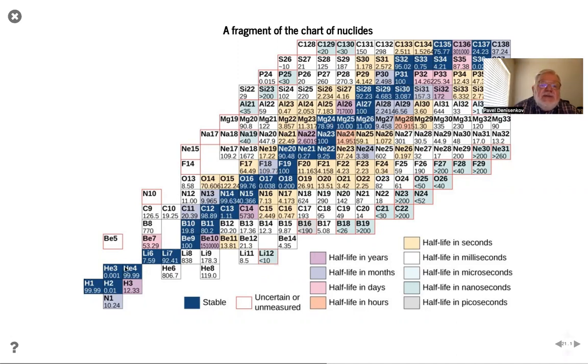The region occupied by these dark blue boxes is called the valley of stability, because this is the region of stable isotopes. When we go away from the valley of stability in either direction, to the right or to the left, we find ourselves in the region of unstable isotopes. The further away we go from the valley of stability, the shorter are the lifetimes of the corresponding isotopes, and their lifetimes are shown here with colors.